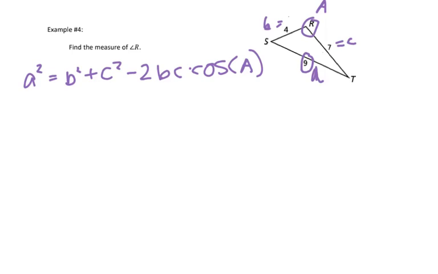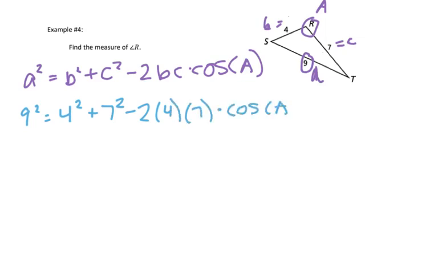So filling it in, we know a this time, so that's 9 squared. B is 4, so that's 4 squared. C is 7. Then 2, and b is 4 and c is 7. And then cosine of A, which we don't know. So what I'm going to do this time is figure out these pieces, and then we'll talk about solving.